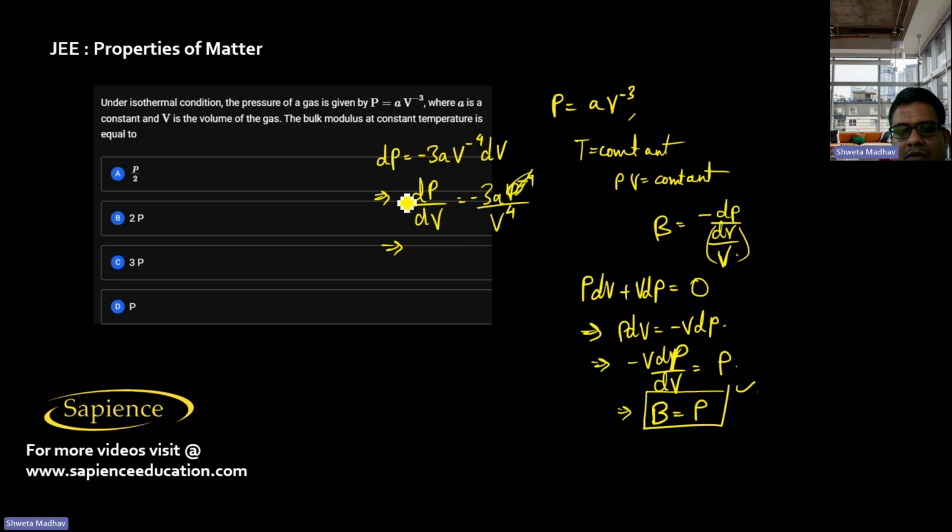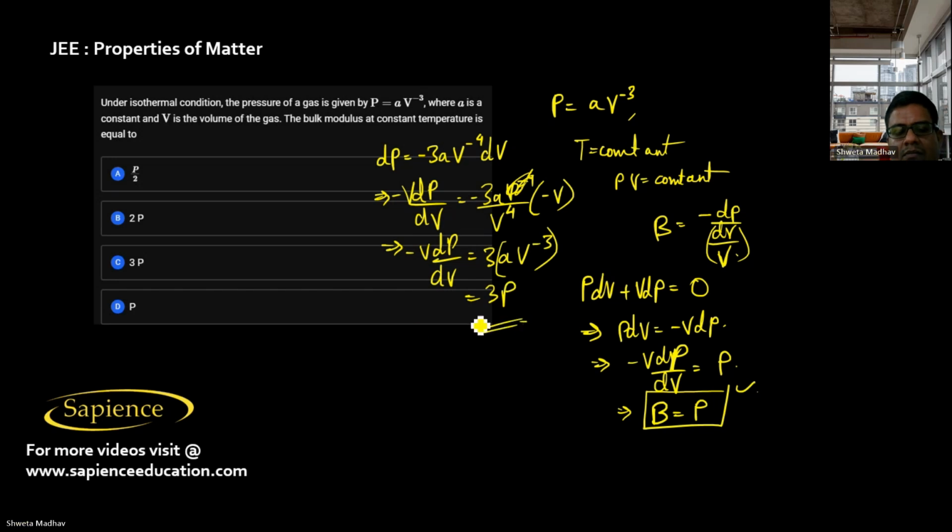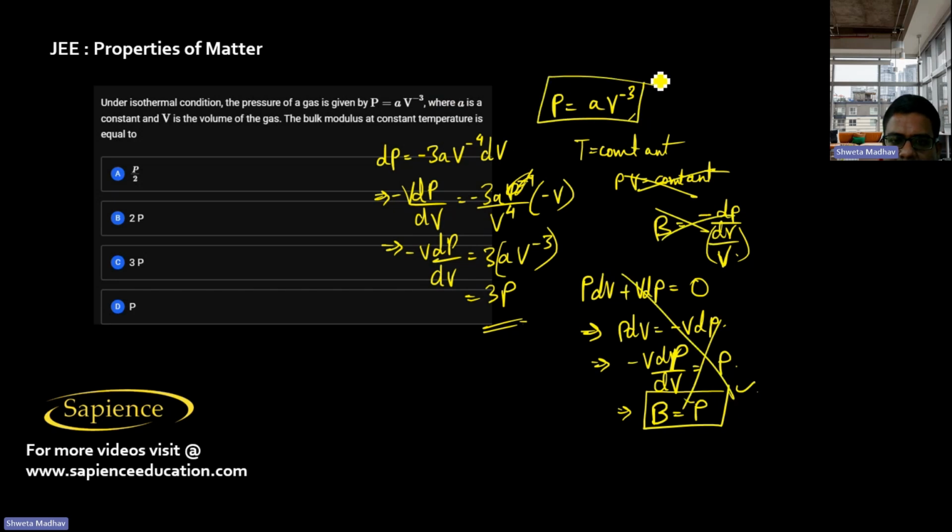Now if I multiply both sides by v, then we will get minus v dp by dv equal to 3a v power minus 3, which is equal to 3p. Here it is not told that PV equal to constant, so we can't use that. Since it is told P equal to a v power minus 3, we have to use this. So 3p, option C is the correct answer.